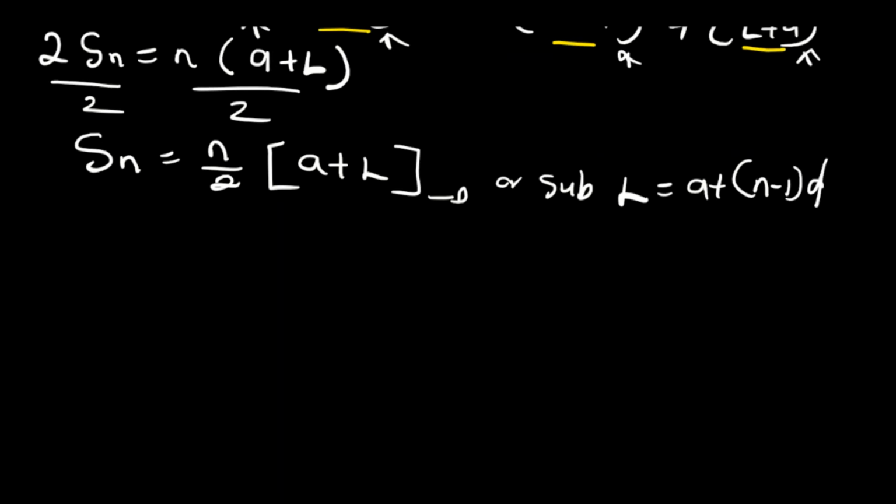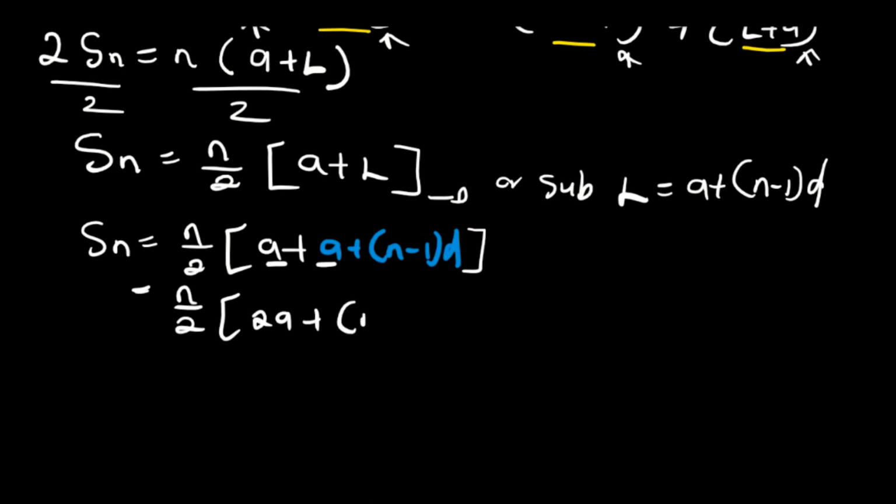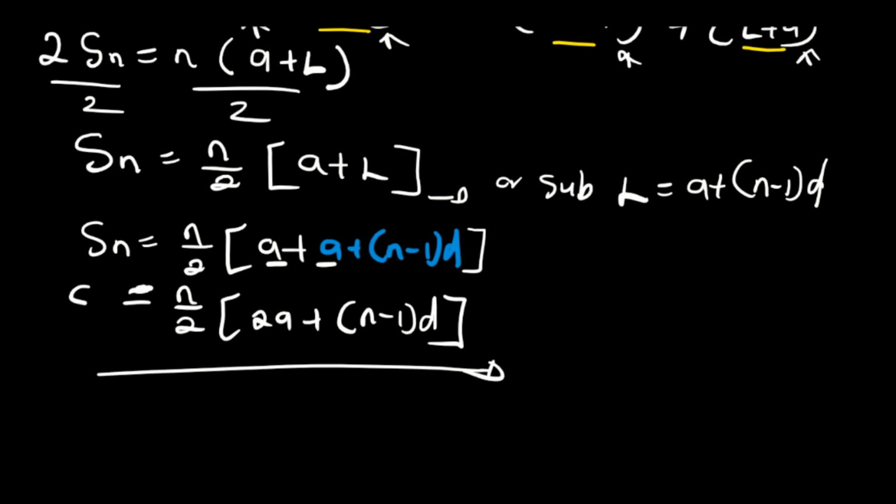So Sn is equal to n over 2 into (a plus a plus (n minus 1) d), and then n over 2 into (2a plus (n minus 1) d). So this will be your sum of n terms for the arithmetic sequence.